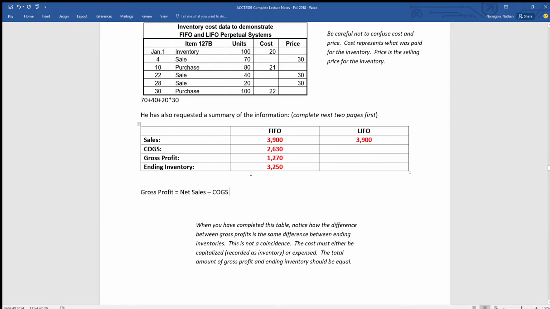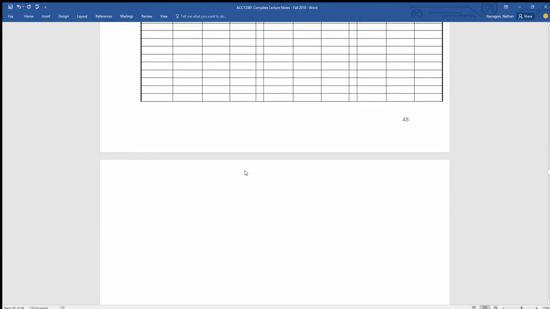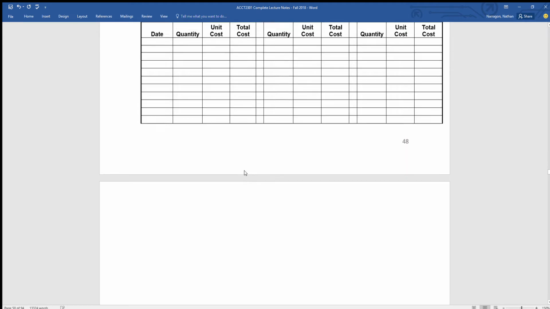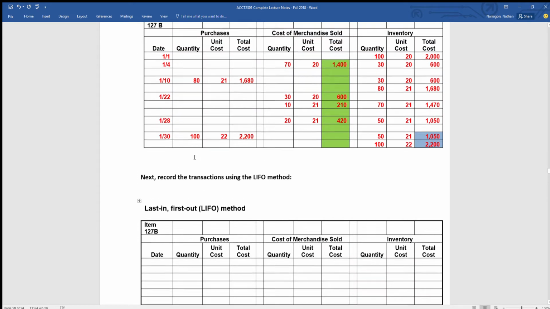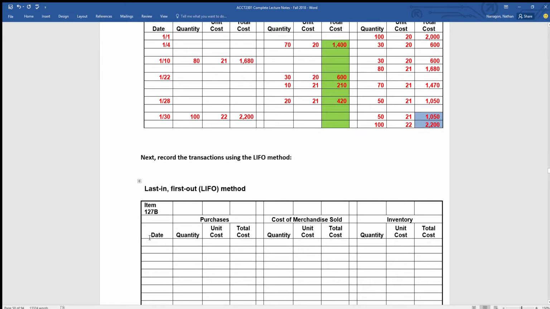Now let's look at LIFO. I can go through the same methods here. I can use this same chart, but we're going to notice a few things different. On January 1st, same thing.